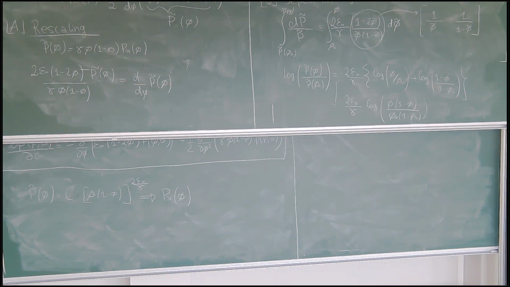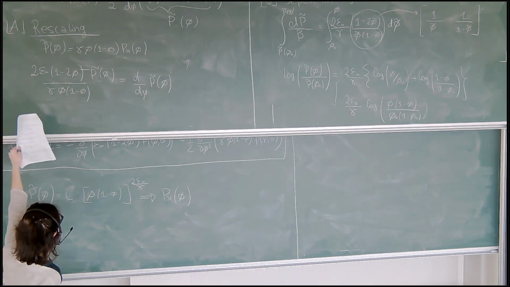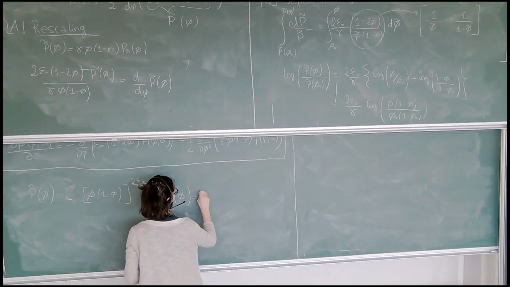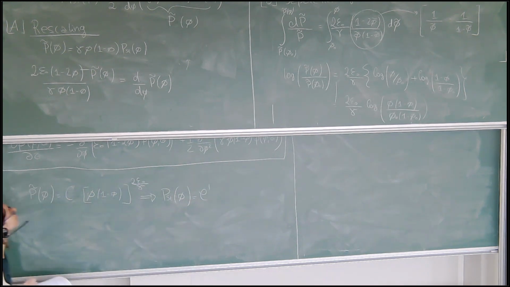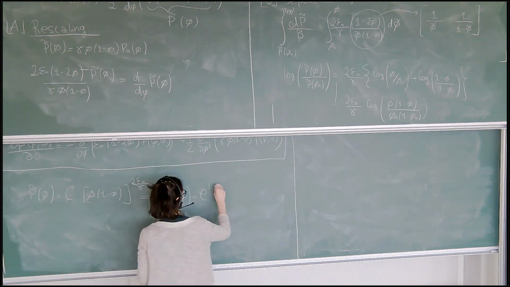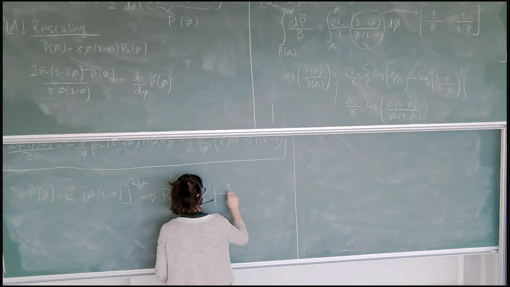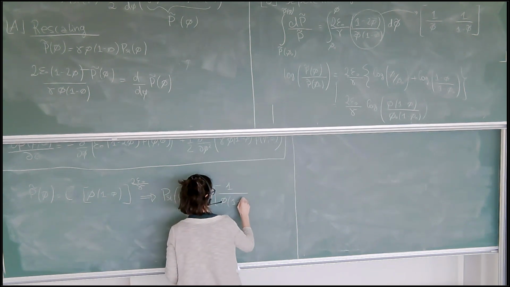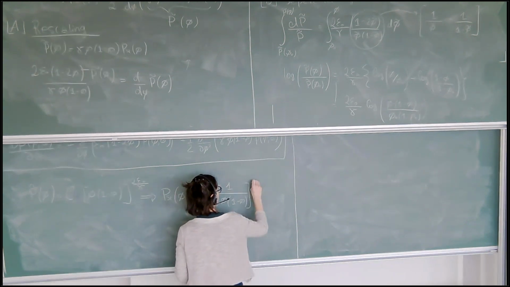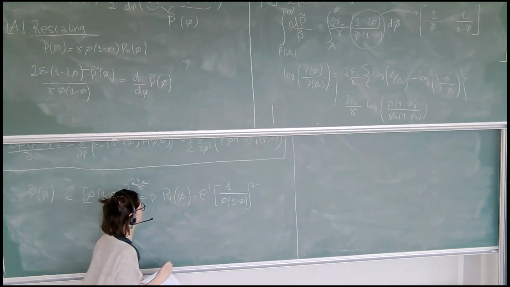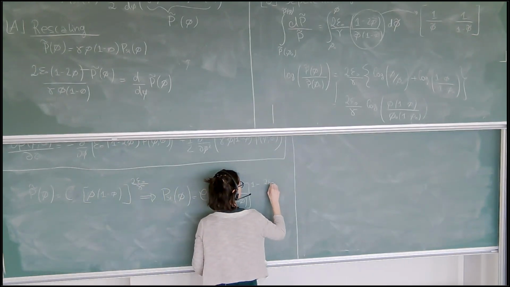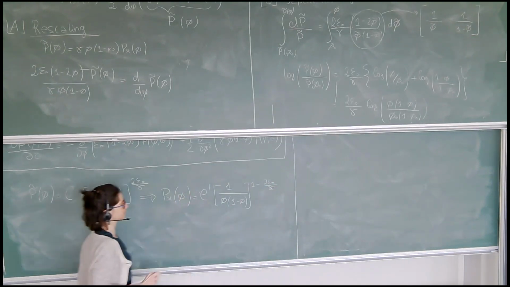is what? Is 1 over gamma, which is into my constant. So I have a new constant, c prime. And then I have a factor of 1 over phi 1 minus phi in the denominator. So this will be, I will write it like this, phi 1 minus phi to the 1 minus 2 epsilon 0 over gamma.